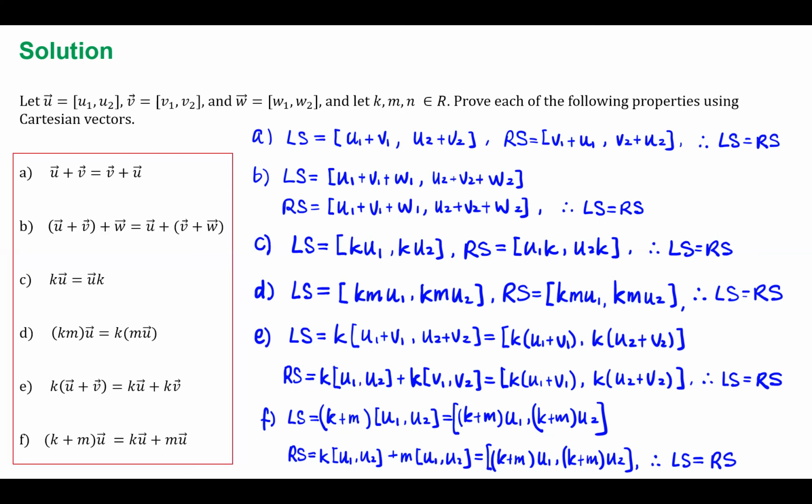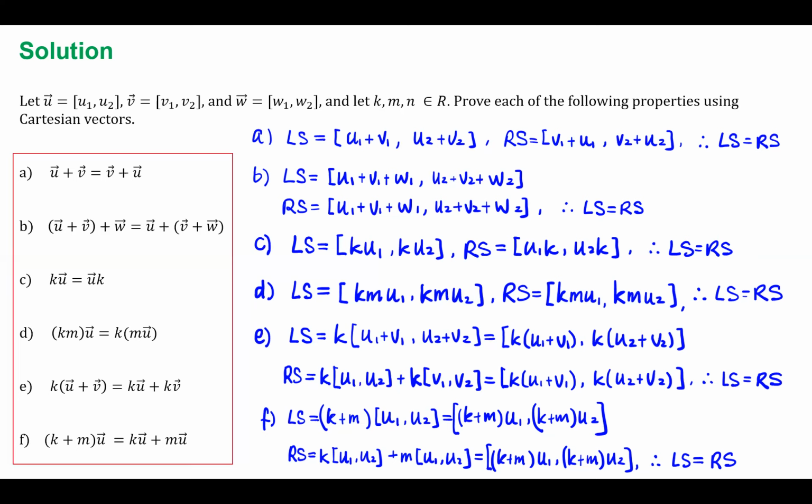Therefore, we have also proved the left side equals the right side. For question C, the left side is ku1, ku2. The right side is u1k and u2k. Also note that u1, u2, and k are scalars. Therefore, the left side equals the right side.